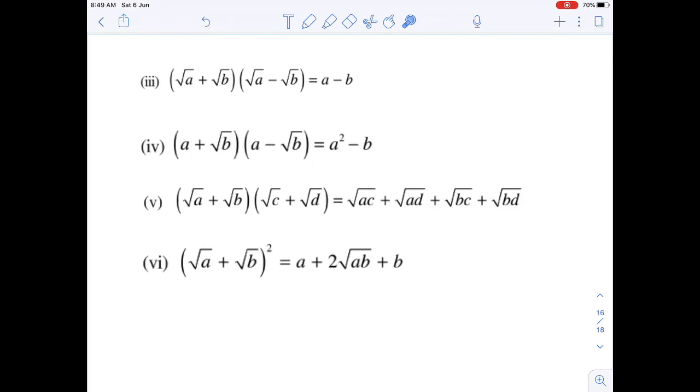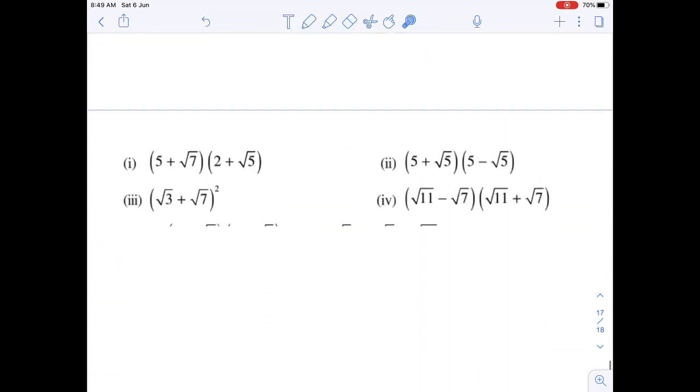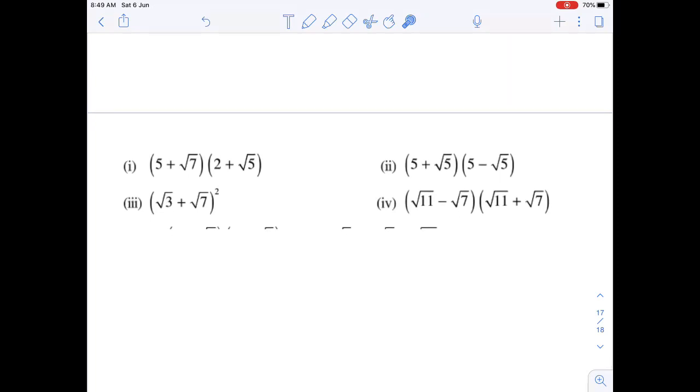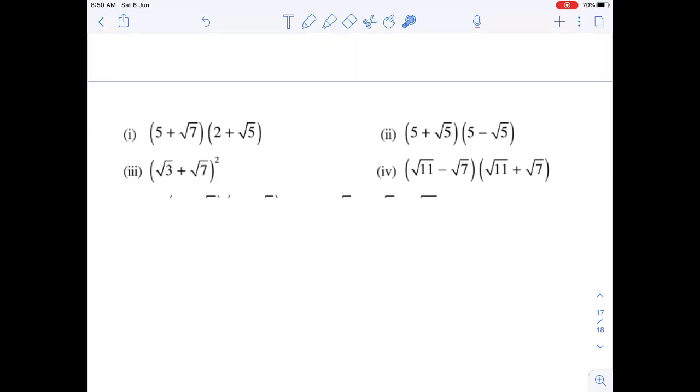Now let us proceed further. Let us solve some examples based on this. Here four different examples are there, and we'll solve each one of them one by one.